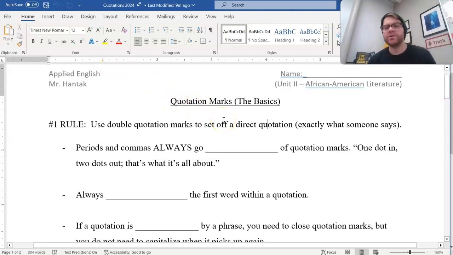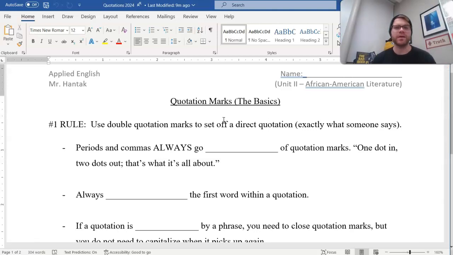One reason why I want us to look at quotation marks today is some of you might find them extremely useful in your writing project. Depending on what you're writing about from your past, it is very possible that you may need to use what people have said to you, especially as you tell your story from the past.